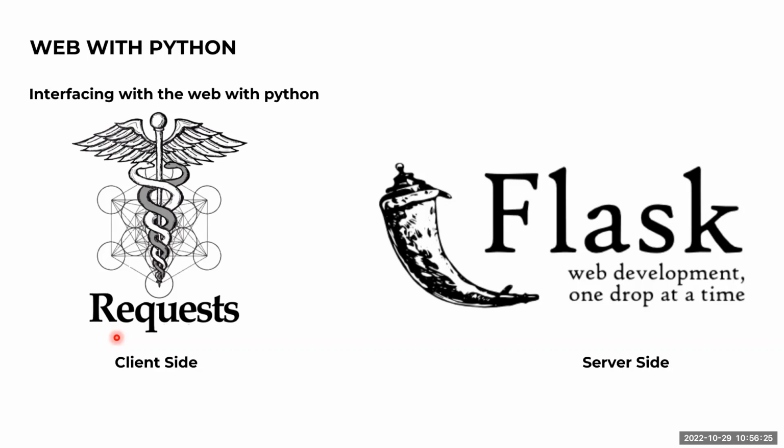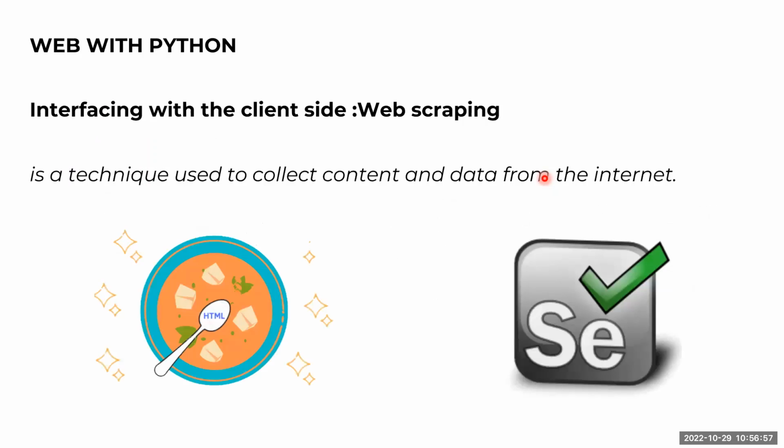Then if you want to actually run a web application on your server using Python, you have another module called Flask. Flask allows you to run a web application on your machine. The machine can be a server farm or your personal computer. If it's hosted on the internet, anybody from around the world can have access to your web application.